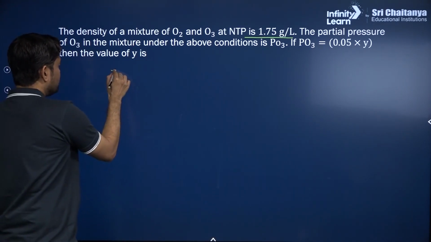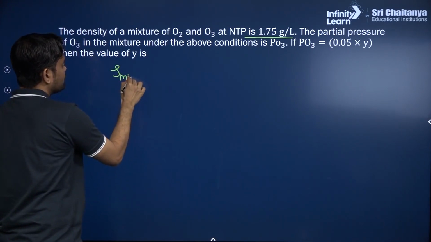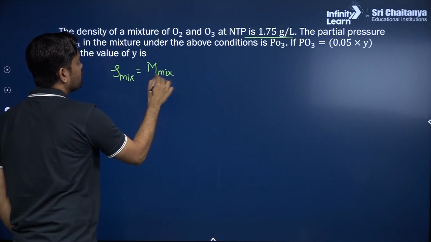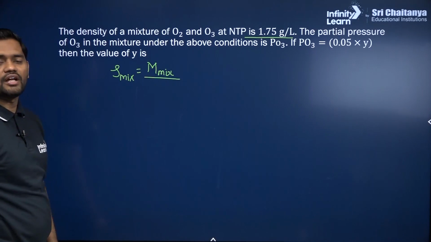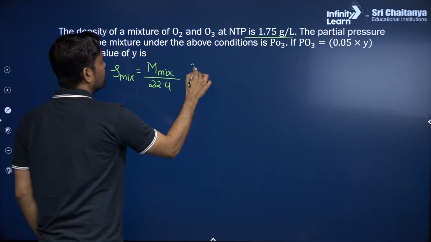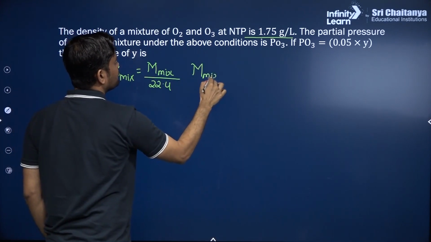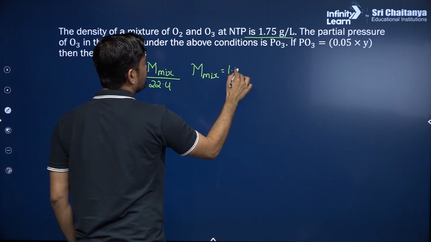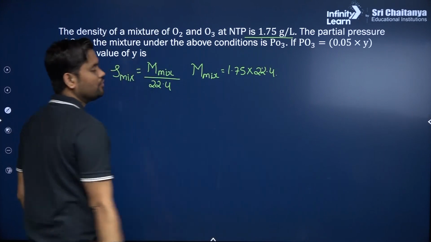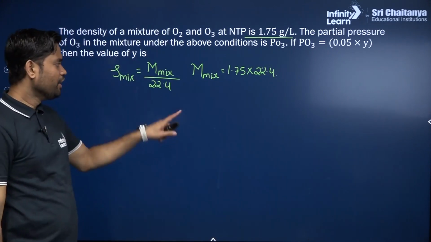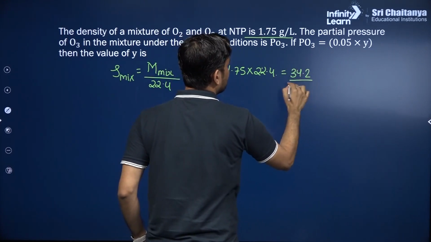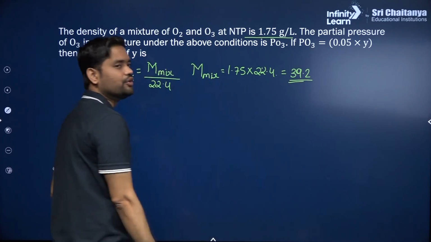Now the density of a mixture is equal to molar mass of a mixture by 22.4. So this M mix will be equal to 1.75 into 22.4. If you solve this, you will get answer as around 39.2.